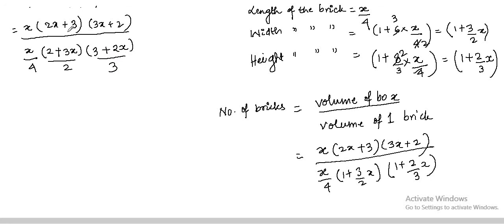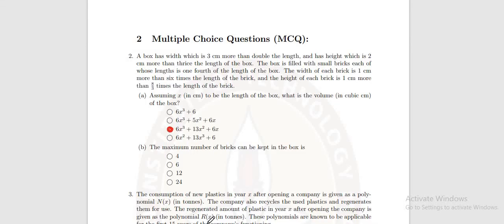Now you see that these terms get cancelled out. x gets cancelled out, 2x plus 3 gets cancelled out, 3x plus 2 gets cancelled out. So it becomes 1 by 24, which exactly gives you 24 as the answer. So the number of bricks that can be accommodated in the given box is 24.